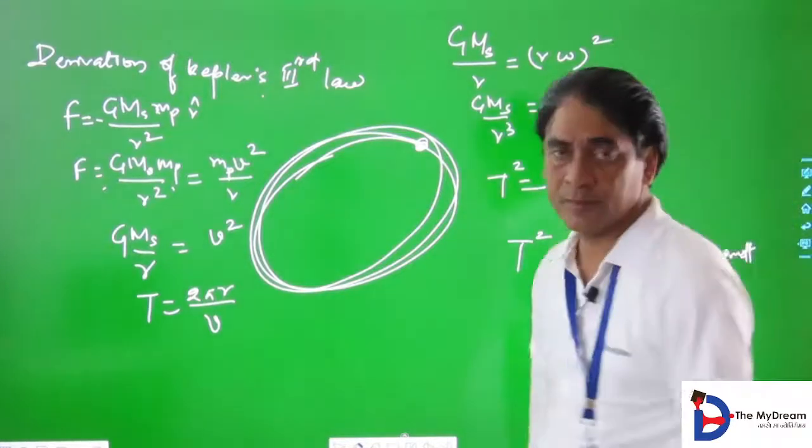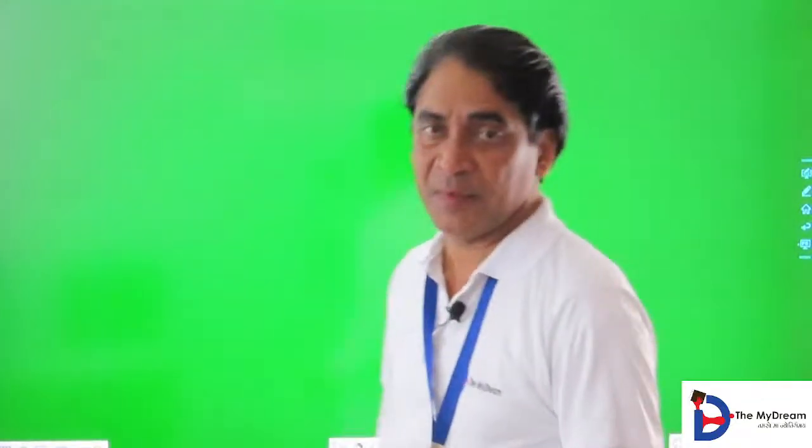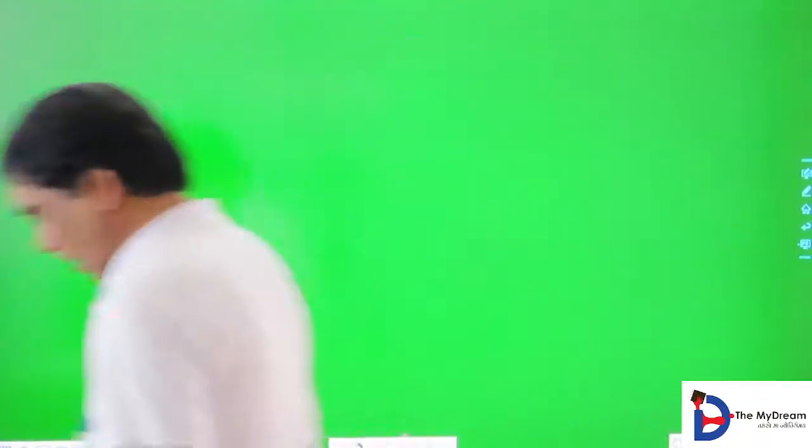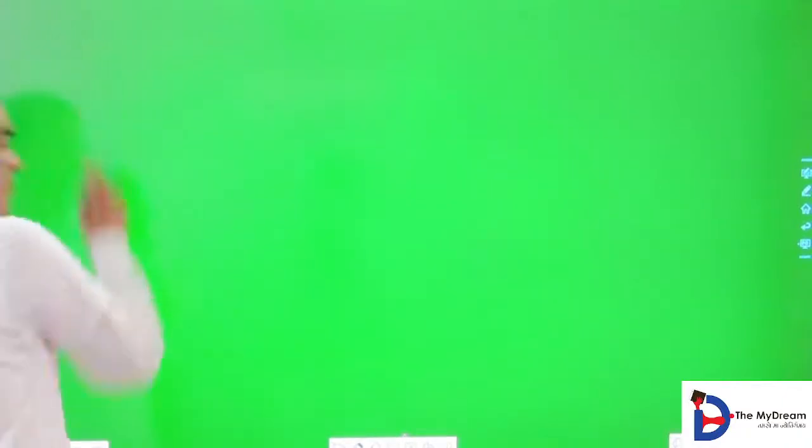Kepler's third law, aerial velocity. If no external torque is applied, then angular momentum is conserved. Now we are talking about the gravitational force. What do you mean by the gravitational force? Gravitational force of attraction between the two objects is defined as it is directly proportional to the product of their mass and inversely proportional to the square of the distance.